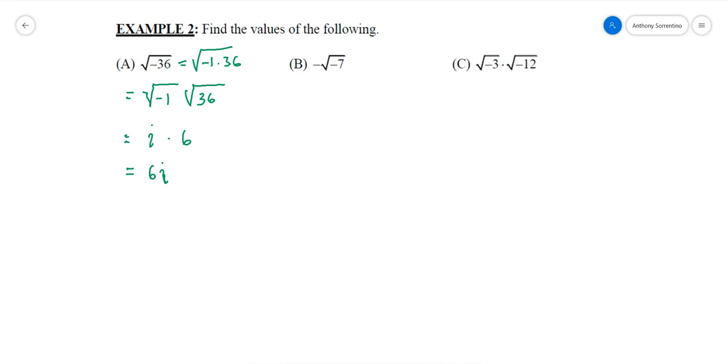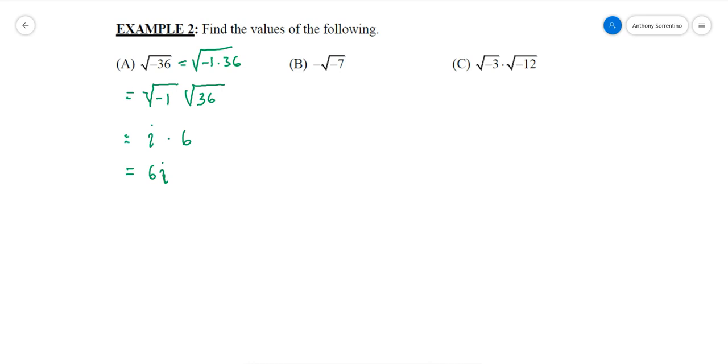For B, if I just had a regular parenthesis, I could distribute a negative into it. But this square root symbol is not a regular parenthesis. I just can't combine the two together in some way.